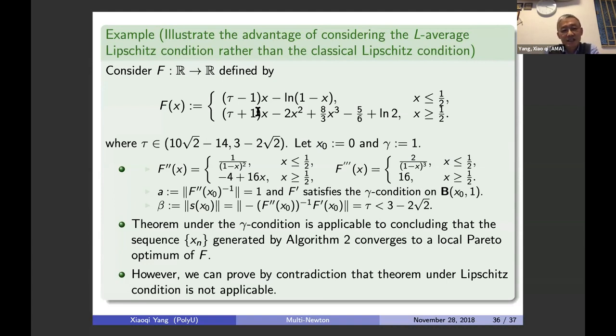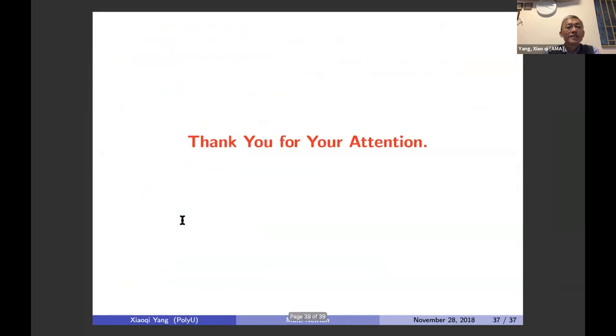This is just one example to show the advantage of our results in comparison with theirs in the paper. All right, thank you very much for your attention. That's my talk.